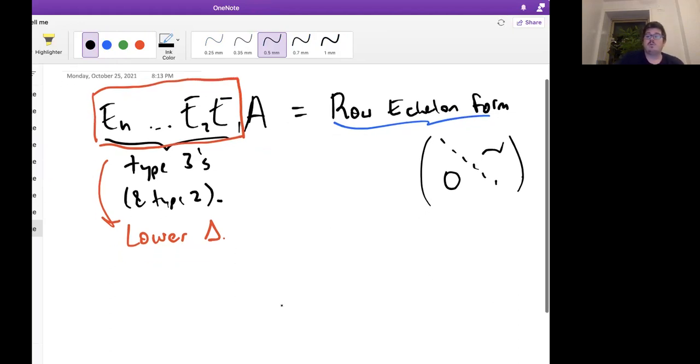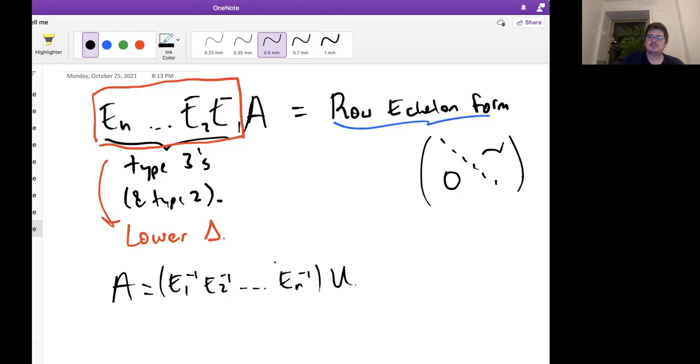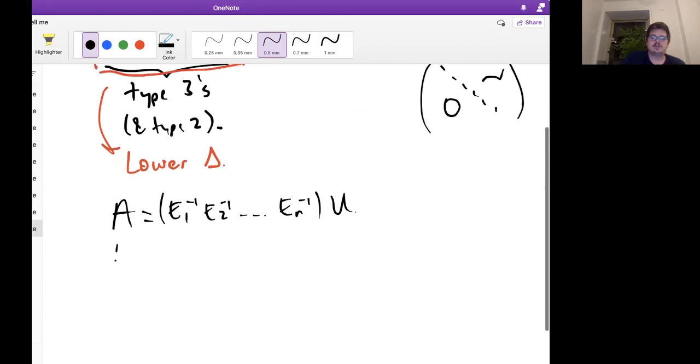So what we can do is, why don't we just multiply both sides by the inverse of this whole thing? So what is that? Well, the inverse, as we've described, doesn't change it from being lower to upper.